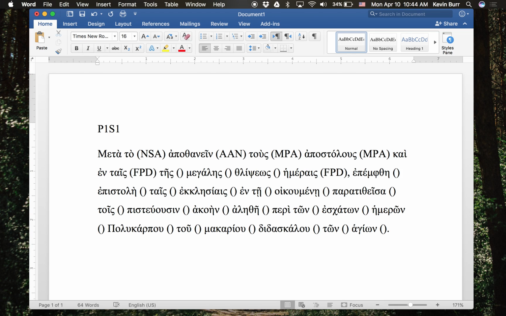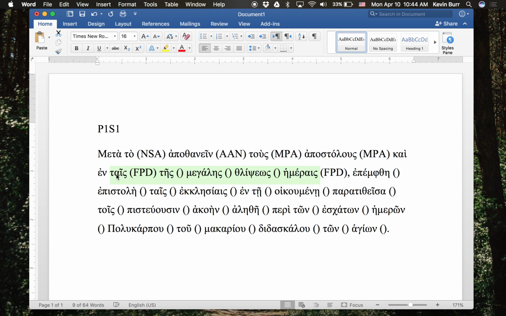This is a helpful way to go through some of your sentences. If you're coming along and you see tais, tais, suddenly you've got two articles right next to each other. They don't agree totally in gender, number, and case. You can almost always bet that there will be something farther down in the sentence or clause that this first article modifies, and that's exactly right.